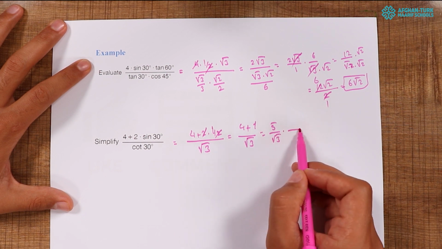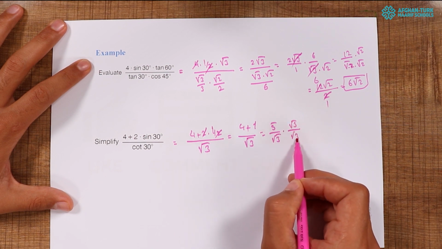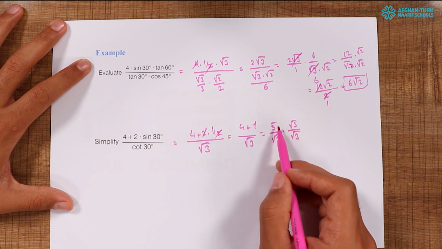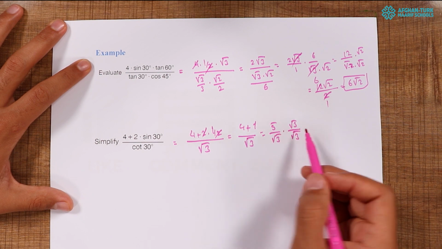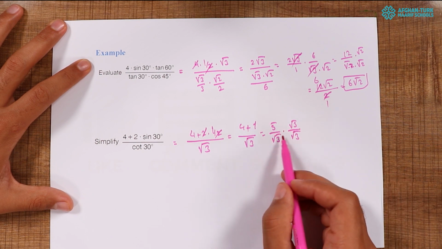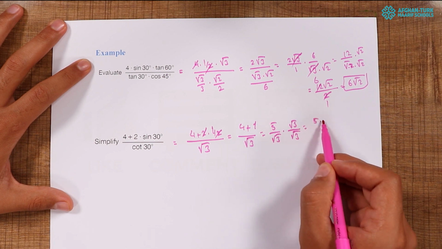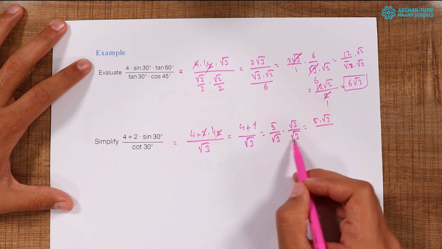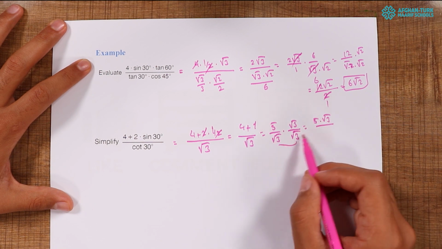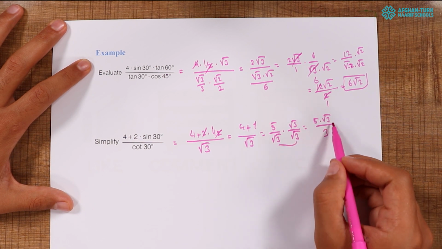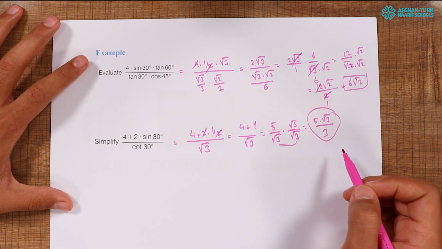So, we can multiply both sides of the fraction, both numerator and denominator, by square root of 3. It means by denominator. So 5 times square root of 3 over, when we divide each other, it will become 3. So the answer is 5 square root of 3 over 3.